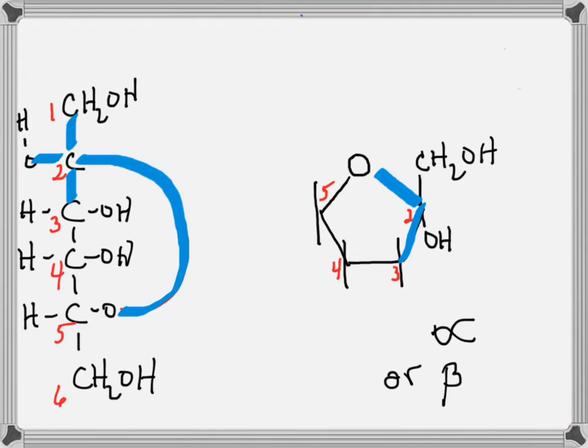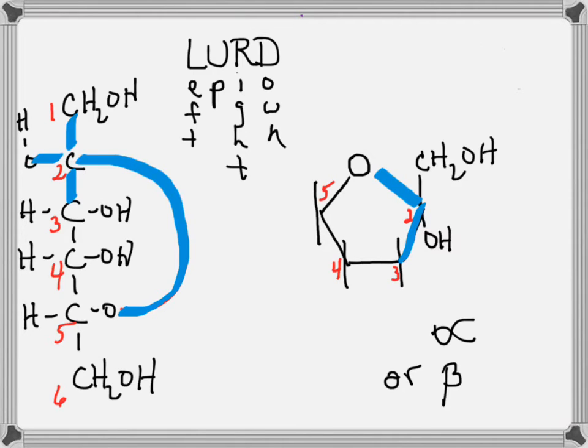Let's go on to carbon number 3 now. Carbon number 3, we have the OH on the right and the H on the left. Remember, there is a nice mnemonic device that can help us with this, and that's LURD. L stands for left, U is up, R stands for right, and D is down.